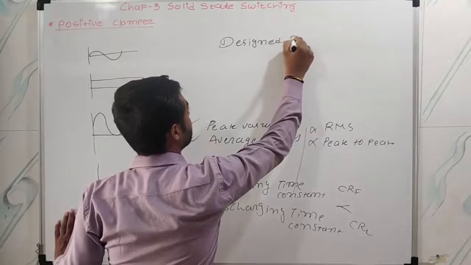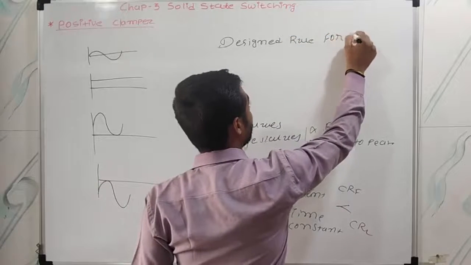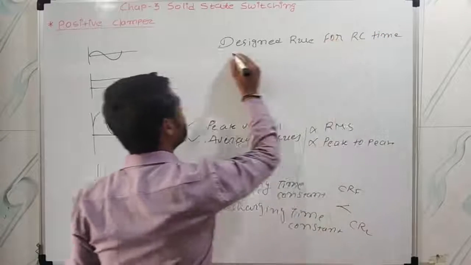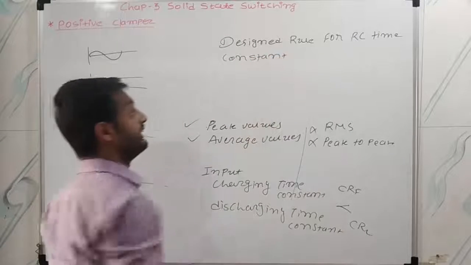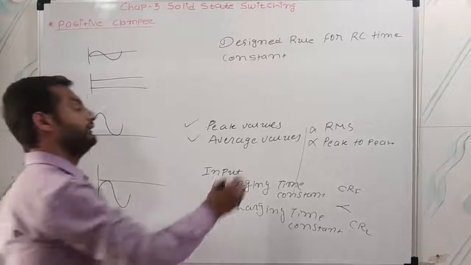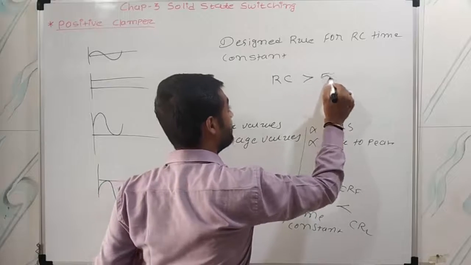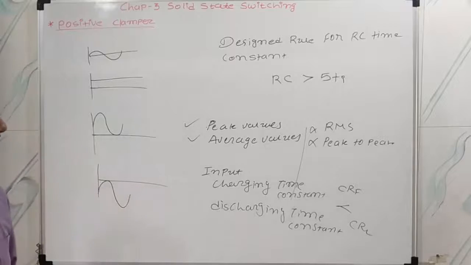And keep in mind the design rule for the RC time constant: RC should be greater than 5 times the input time period, right?